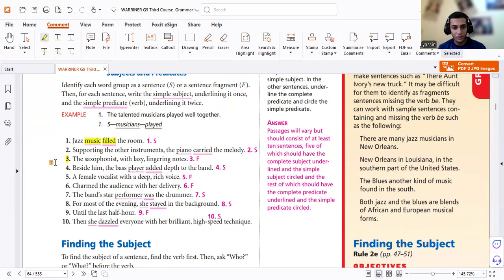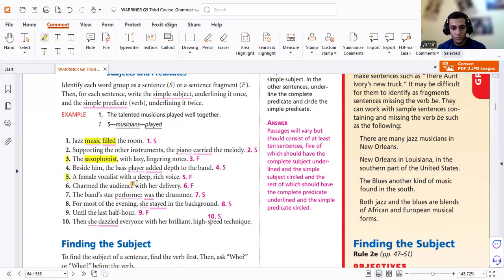But what does it lack? We're going to read: complete meaning. So it lacks a verb. Do we have a verb? Articles, noun. So it lacks a verb. So it is a fragment.